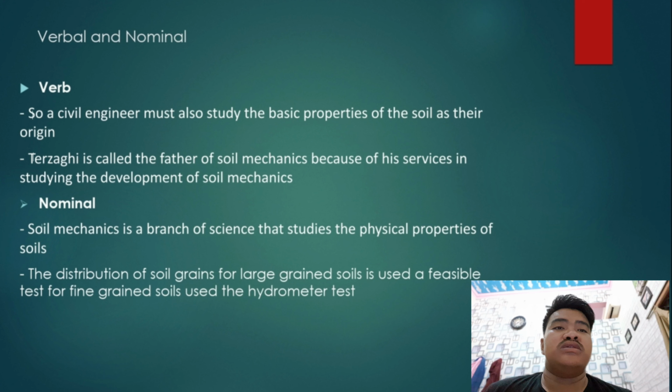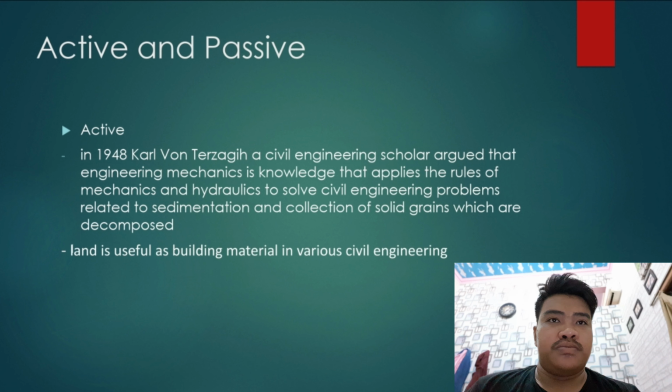Nominal. Soil mechanics is a branch of science that studies the physical properties of soil. The distribution of soil grains for coarse grained soil uses the sieve test, for fine grained soil it uses the hydrometer test.